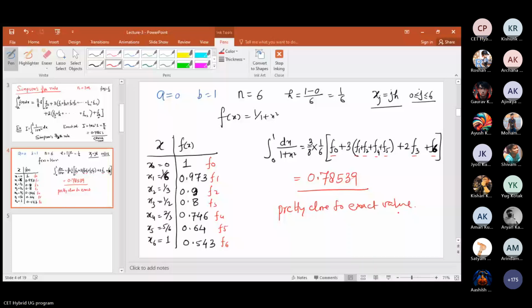Okay. So this is how we apply the Simpson's 3/8 rule. I hope this is clear. If there is a doubt, we can discuss. All right. So if there is no question, then I can move forward.